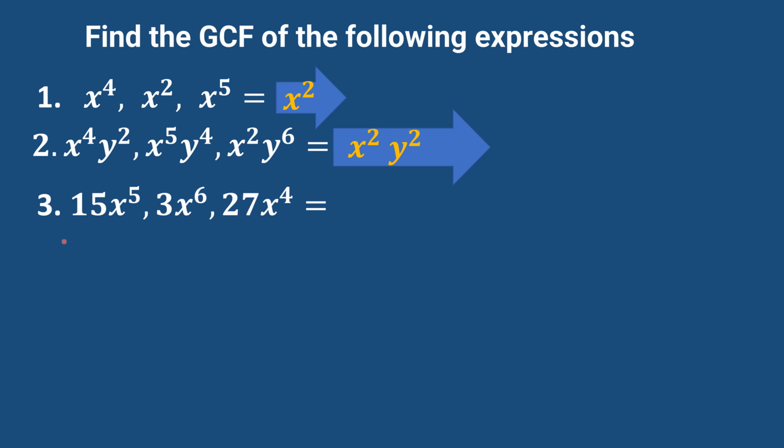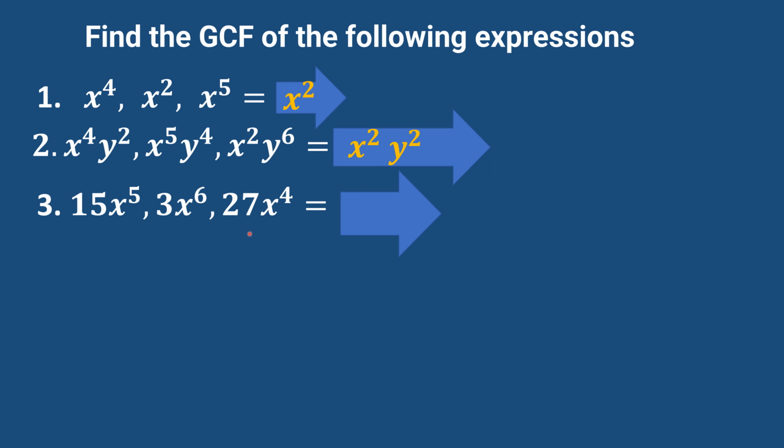So number 3, we have numerical coefficients 15, 3, and 27. So for that, we need to get first the GCF for the constant. So among 15, 3, and 27, what is the greatest common factor?